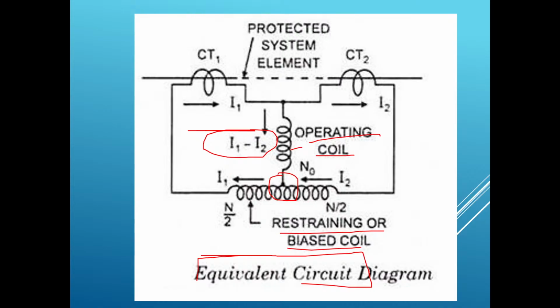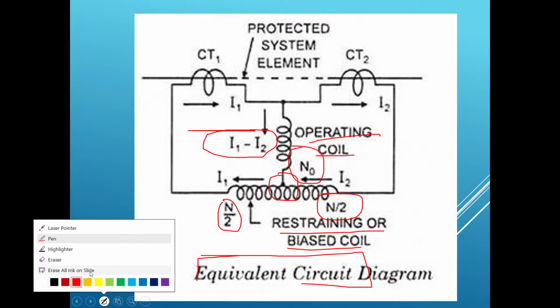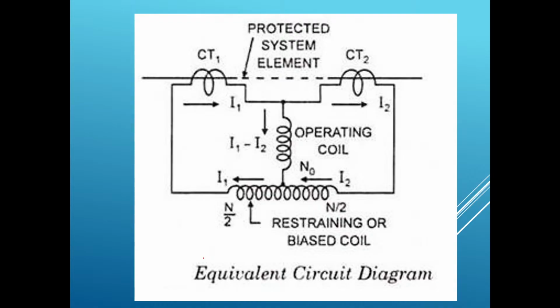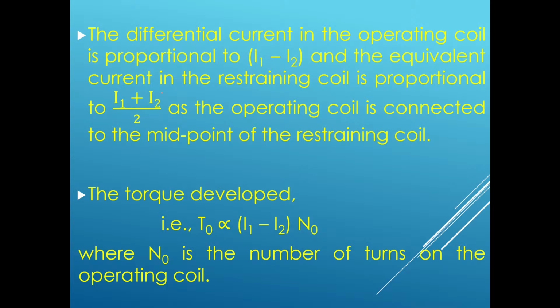The number of turns in the operating coil is N naught, and the number of turns in the restraining coil is N, which has been divided into two parts because of this midpoint connection of the operating coil. That is N by 2 and N by 2. So this is the equivalent circuit diagram of this percentage bias differential relay. The current flowing to the operating coil is I1 minus I2, whereas the average current will flow through the restraining coil due to this midpoint connection.